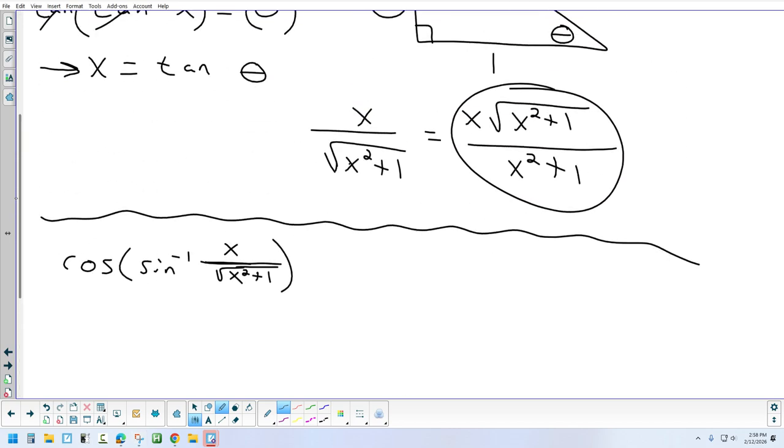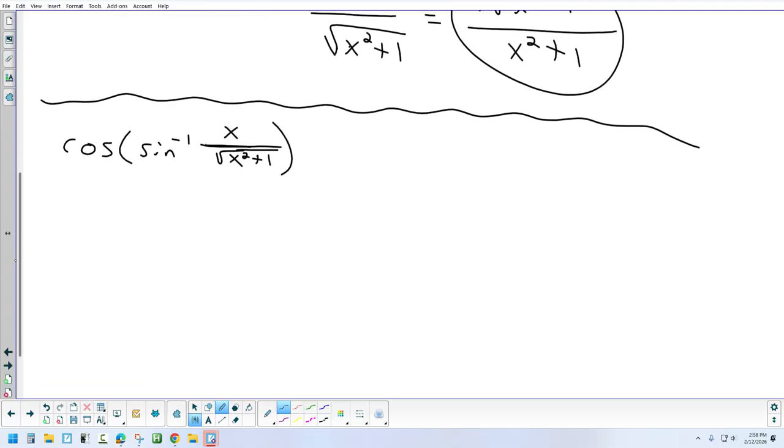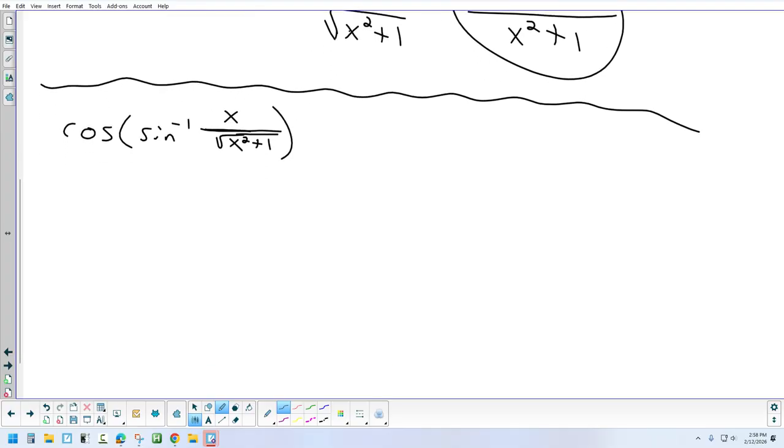So same idea, inverse trig on the inside, regular trig on the outside. Which function do we start with? Inner. X over the square root of x squared plus 1. And what do we set that equal to? Theta, because we know inverse trig is always going to give us an angle.